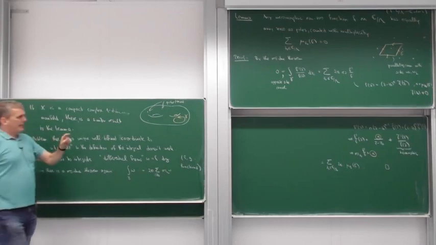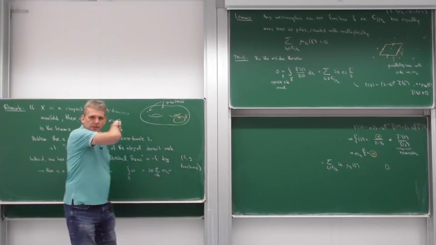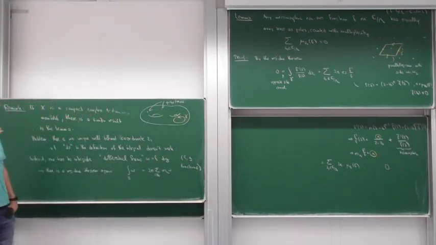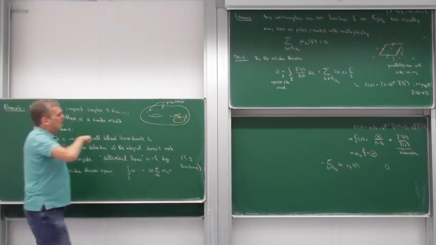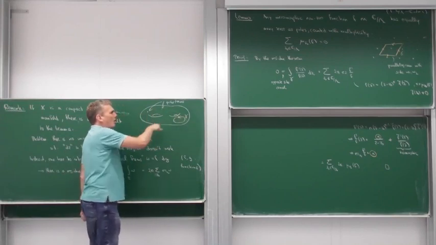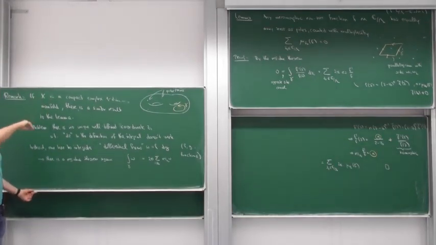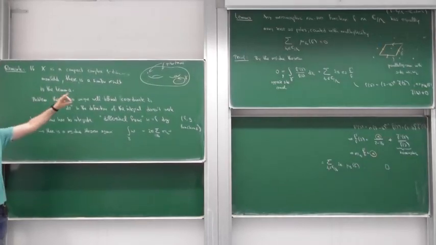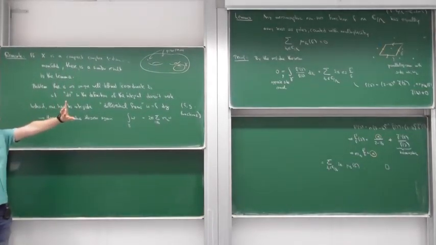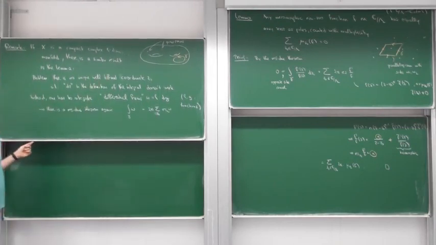Then first of all, if the interior is that small circle, there are no zeros and poles, and that means the integral that counts zeros and poles would be 0. But if you call this other part the interior, then you get all the poles and zeros. And that would mean that, again, you get an equation that the sum over the zeros and poles is the same in the one interior or in the other interior. And as it is 0 in the small one, it would be 0 in the big one.